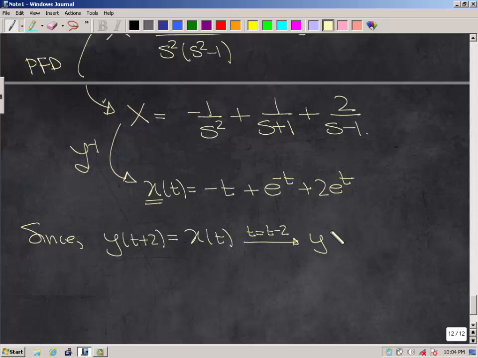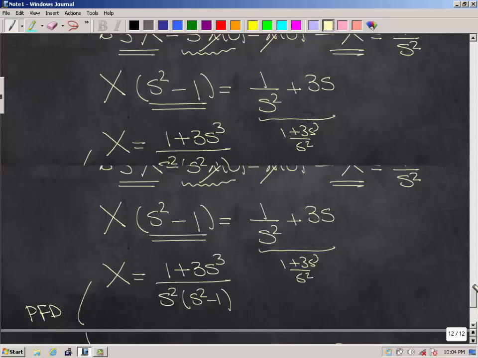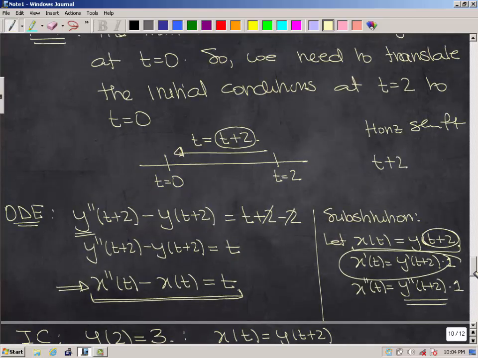So we get y of t will become what? x of t minus 2. So to find y in terms of x, I'm going to change every t to t minus 2. Basically, I'm shifting, going back from 0 to this. Since I'm shifting to the right, we change t to t minus 2, because when we do a horizontal shift, it's opposite of the sign, you know.